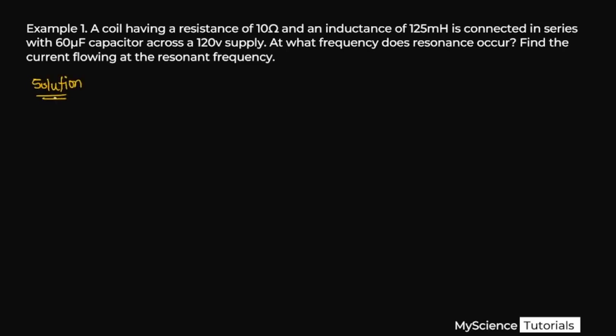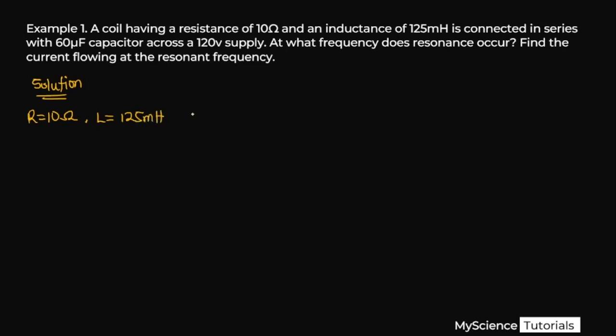Now, the first thing we need to do is write down our parameters to see what we have, what we don't have, and how we can proceed. So we have a coil having a resistance of 10 ohms. And then we're told that the inductance L is 125 millihenry.